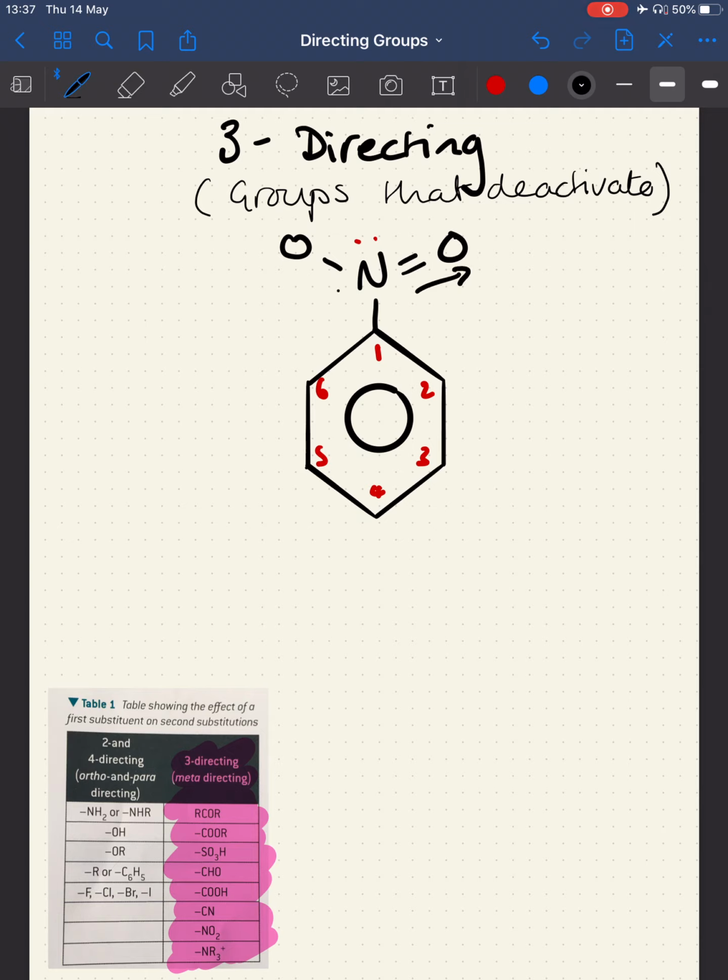It's pulling electrons away from the nitrogen, and therefore it's not going to be able to donate with the same ease those electrons in the lone pair into the pi system or the delocalized ring. And in fact, it will pull electrons out of the ring, making it less electron dense and therefore less reactive.